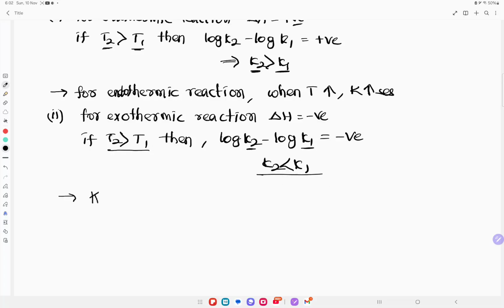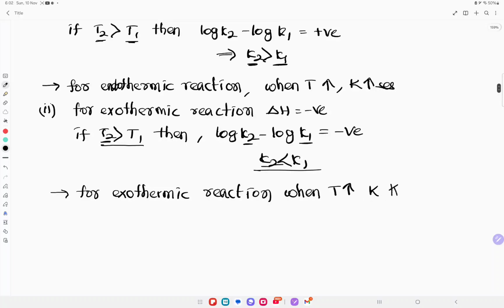From this what can we write? For exothermic reaction, when temperature increases, K value decreases.